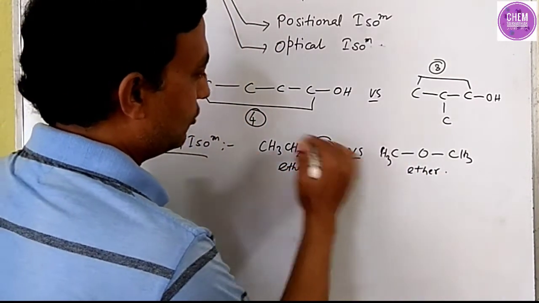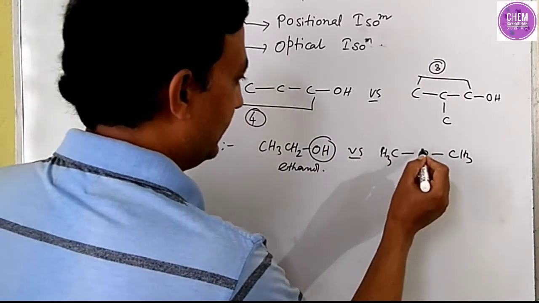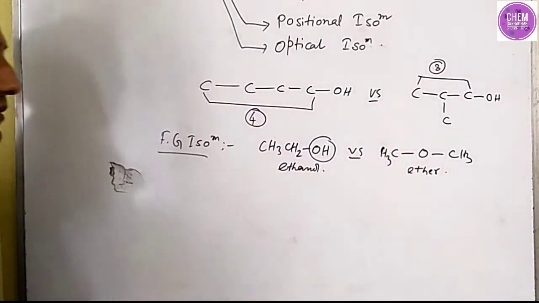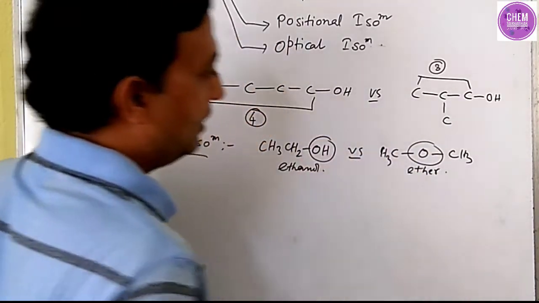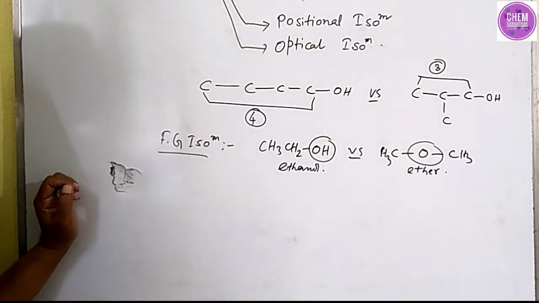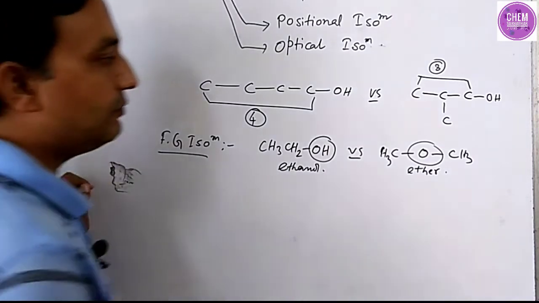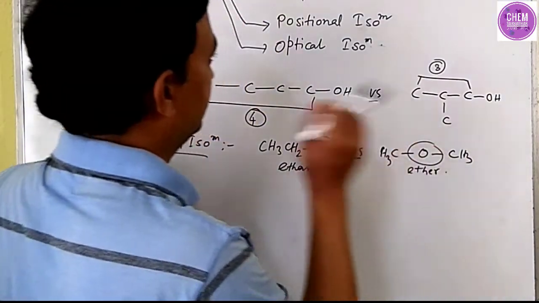So there is a functional group alcohol OH, but in the ether the oxygen atom is present and the functional group is not OH, it is called the ethereal group. That is, alcohol always shows functional group isomerism with ether compounds.